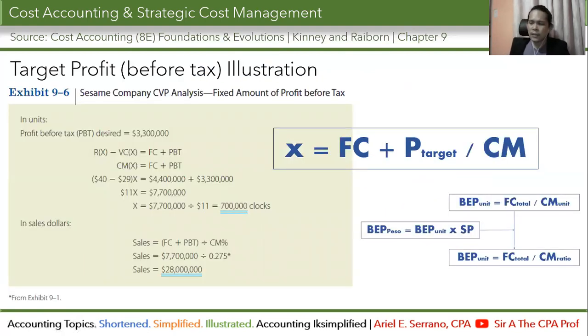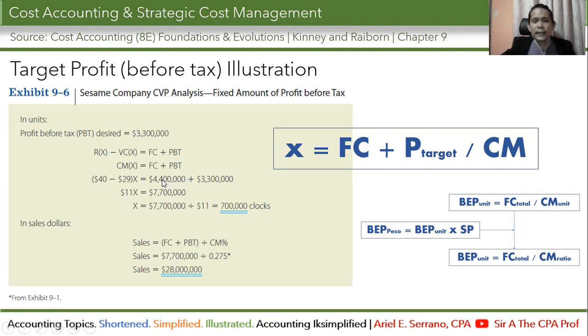Applying it in an illustration using your Sesame Company example. Take note of this one. If in units, our profit before tax na desired is 3,300,000. Simply, kung ang ating fixed cost sa previous illustration is 4,400,000, i-add lang natin itong 3,300,000.